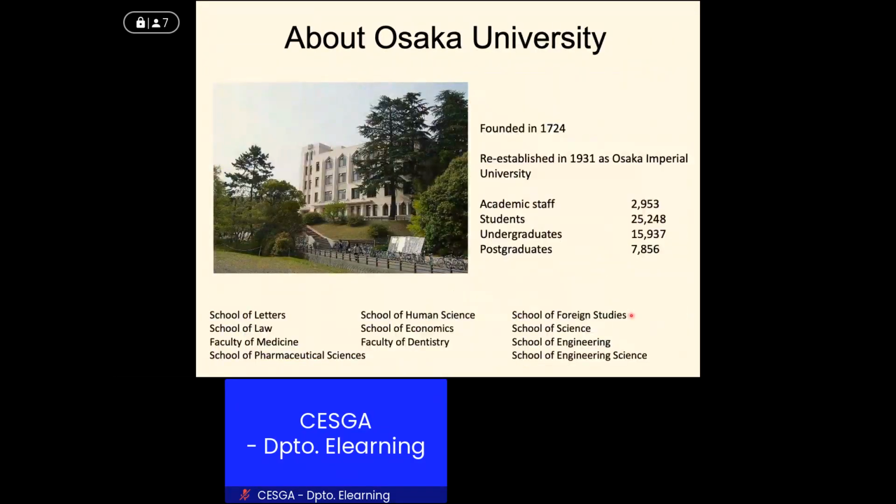And this is about Osaka University. Osaka University was founded about 300 years ago as a medical school. We have about 3,000 academic staff and 25,000 students and so on.